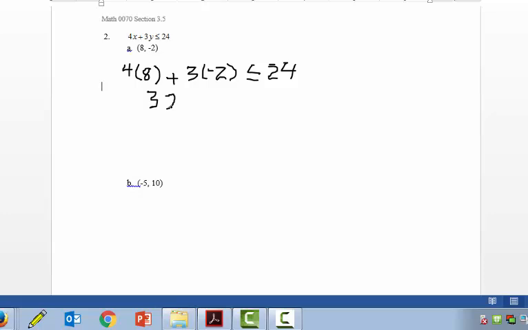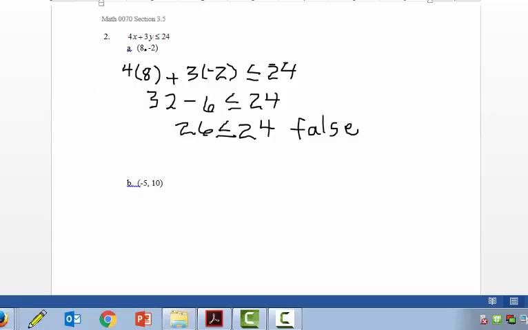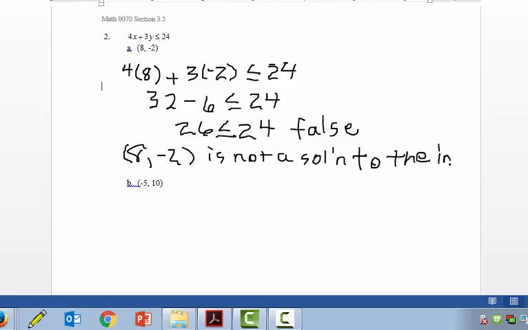So we get 32 minus 6 less than or equal to 24, which gives 26 is less than or equal to 24, which we know is a false statement. So the fact that substituting 8 for x and negative 2 for y gives us a false statement means that this point, (8, -2), is not a solution to the inequality.